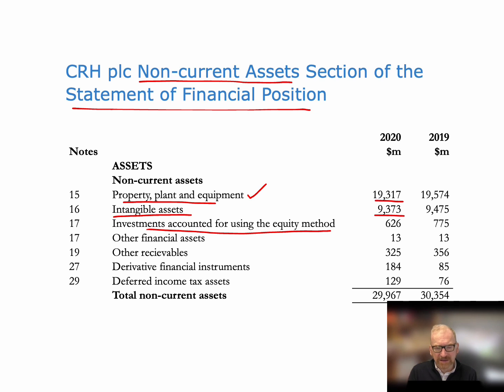And then there's a number of smaller items in the non-current assets section. These assets, they're non-current, they are used on a continuing basis. So we expect to see these assets stay on the balance sheet for a reasonable length of time.